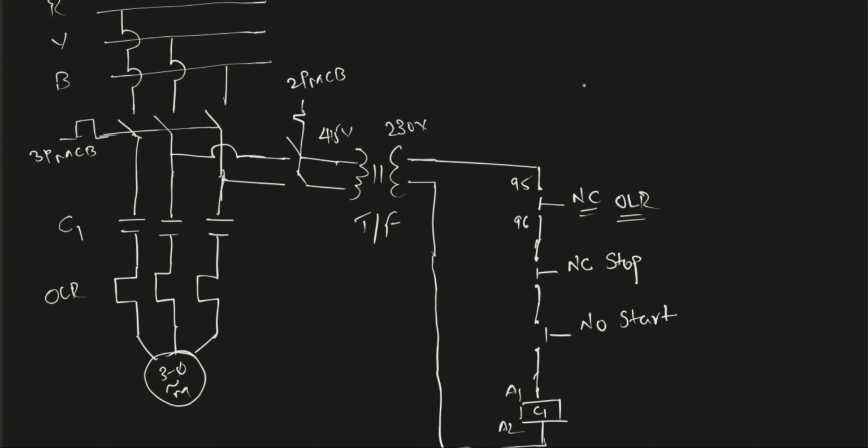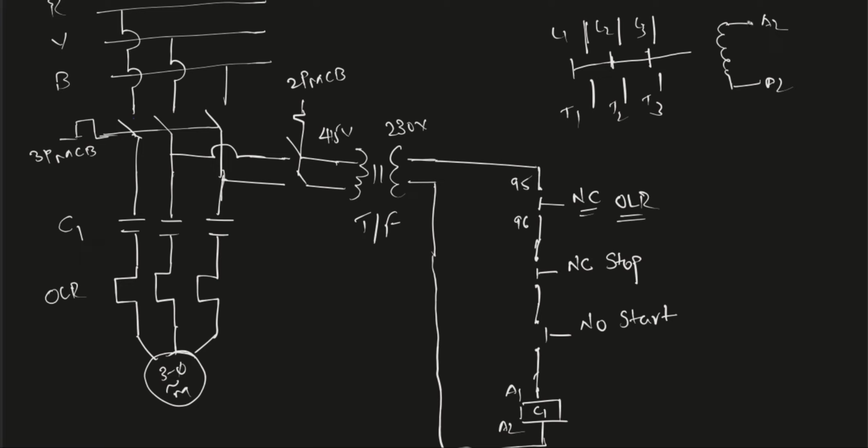See, in a contactor, as I have told you, the contactor looks like this for your better understanding. We have L1, L2, L3 and T1, T2, T3 of a contactor, and all of these are connected to a plunger, and here we have our coil A1, A2 contacts.